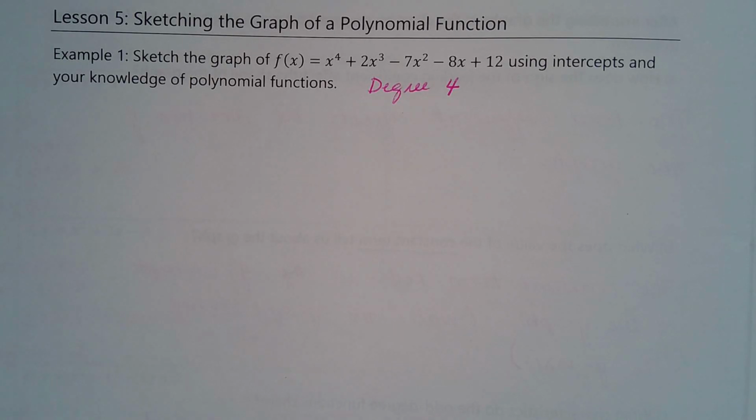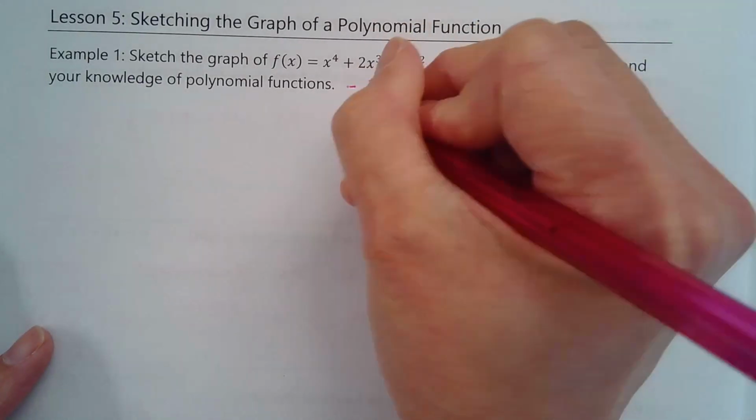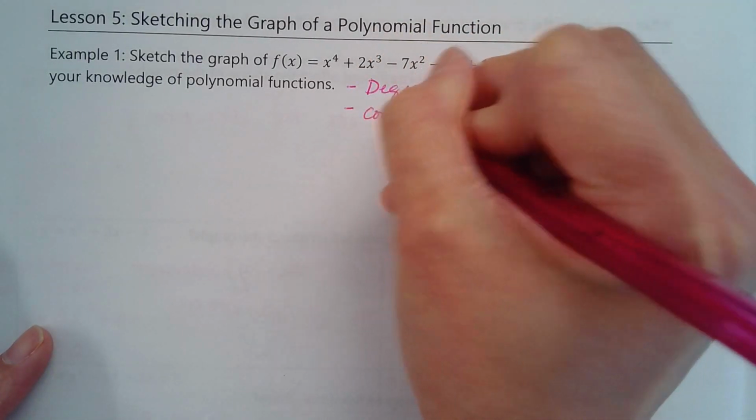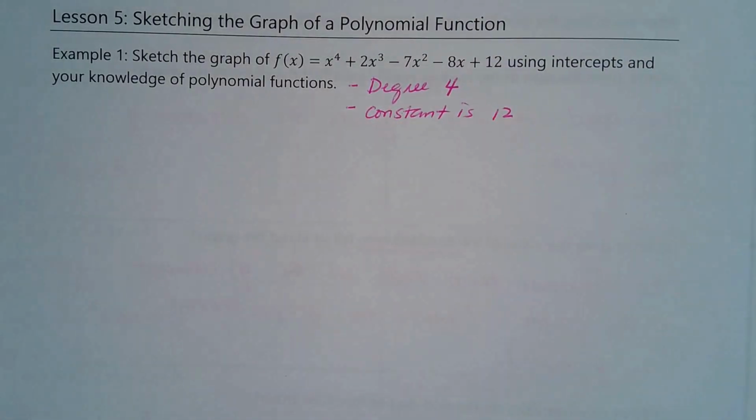What else do you notice? Your constant's 12. The constant is 12. So what does that mean? We already know that our graph will cross the y-axis at 12.